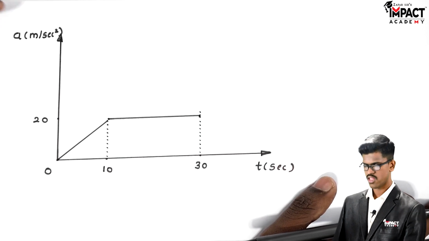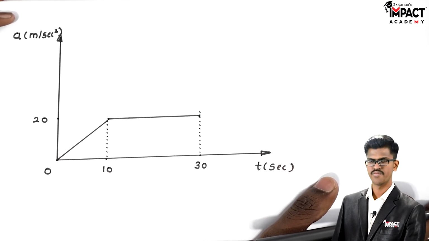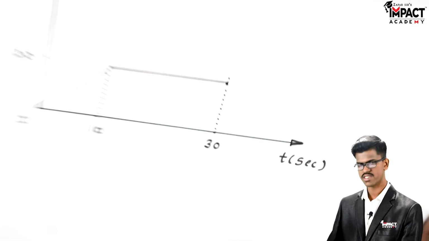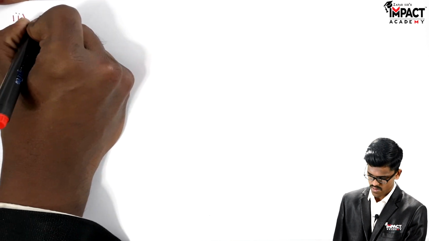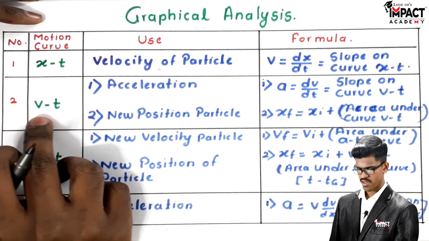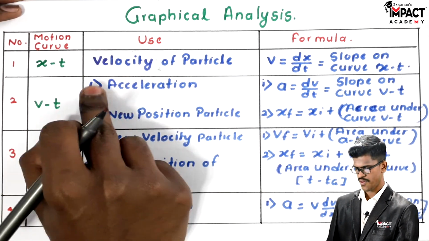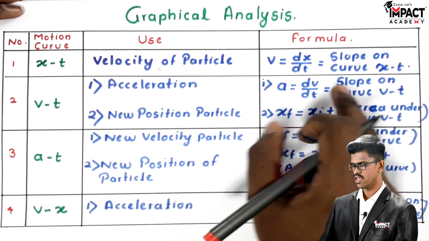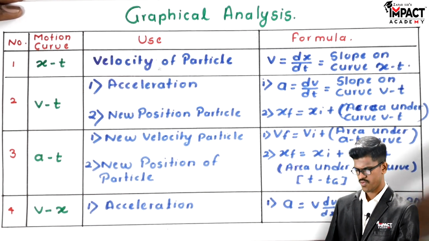In the question, they also ask to find the displacement time curve. So let's start with the displacement time curve. So we have the VT curve. We find the acceleration using this formula, that is dv by dt, the slope on the VT curve.